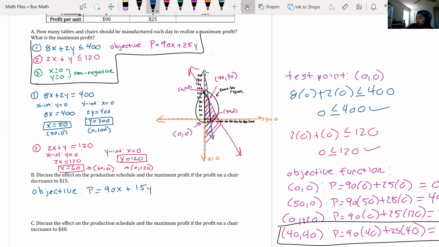Maybe that's what it wants us to do, but we can just use common sense here and say, what would happen if you reduce the profit on your chairs? What's going to happen to your maximum profit? It's going to reduce your maximum profit. That's it, right? So if we go to $15, then your maximum profit is going to decrease. That's it.